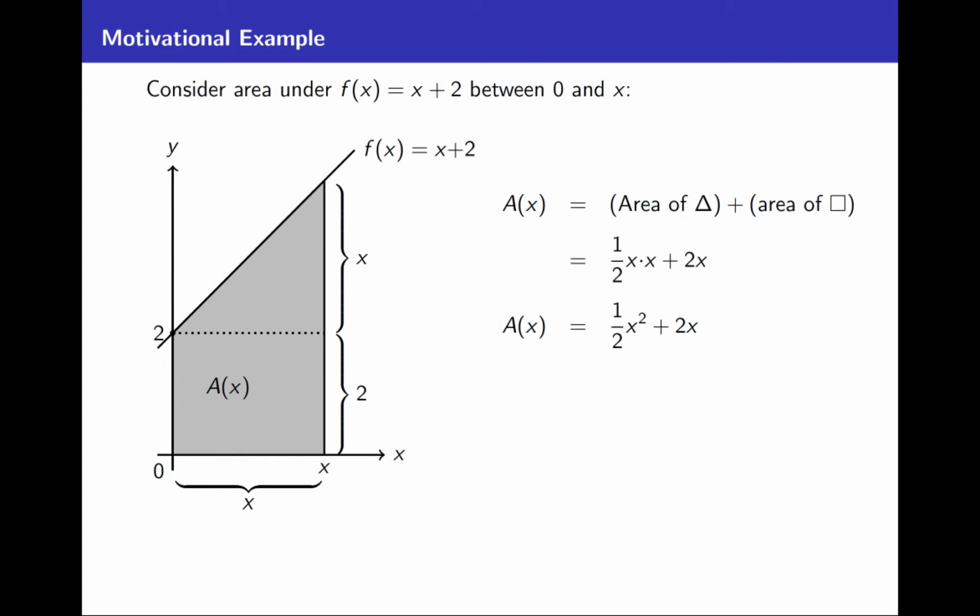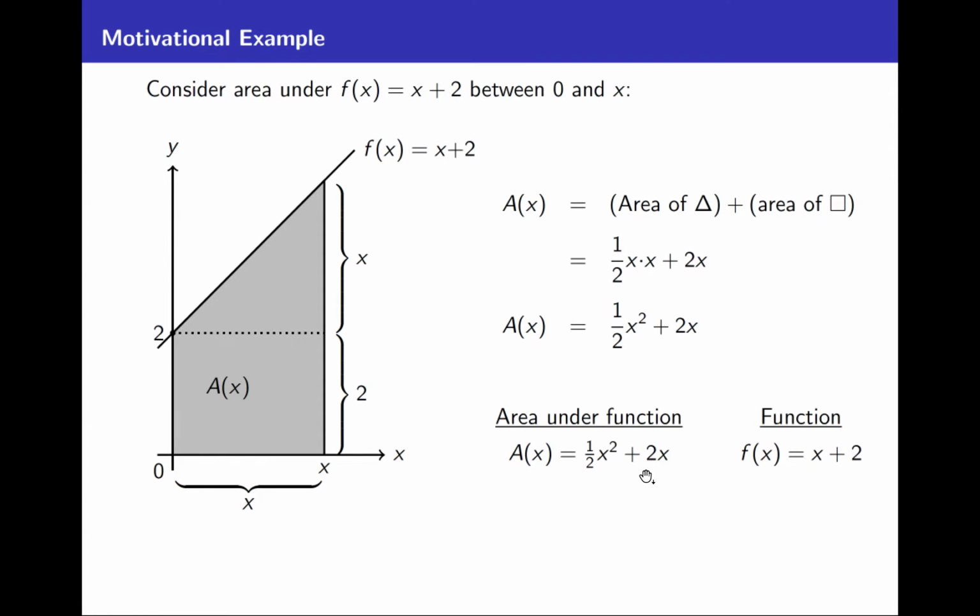Now, I want to point out a really interesting thing that's happening in this example. Think about the function we started with. It was f of x equals x plus 2. I'll tally it down here. The function was f of x equals x plus 2. And then we looked at the area A of x under the graph of that function, and we got it right here. So the area under the function is A of x equals 1/2 x squared plus 2x.